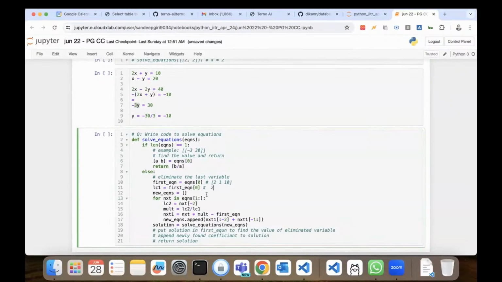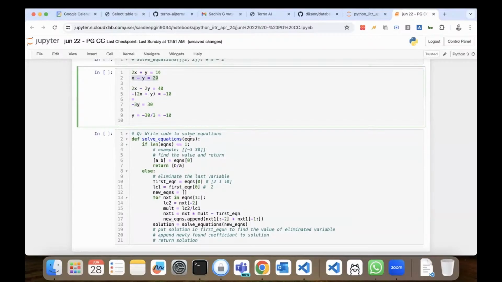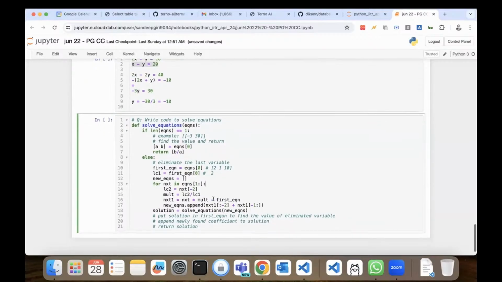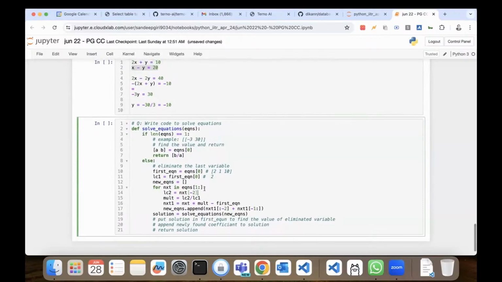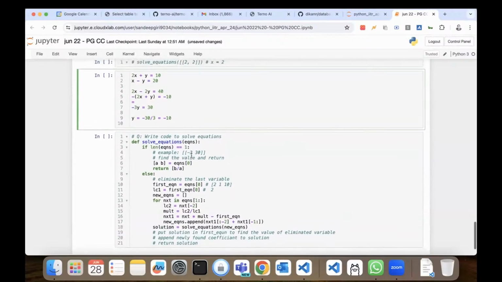Now, from the next equations, we go over the next equation. Let's say this is my next equation. We figure out what number we should multiply the next equation with, or what number we should multiply our first equation with.